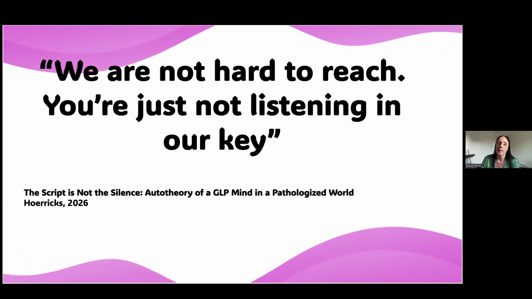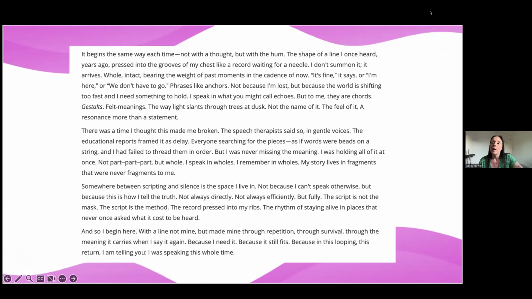Essentially, Dr. Jamie Hurwitz is a Gestalt language processor, and he speaks so eloquently about what it means to be a Gestalt language processor. And this really resonated with me. We, autistic people who learn language through Gestalt language processing, we're not hard to reach. You're just not listening in our key. And that to me resonated really hard. And I just wanted to throw that out there to you.